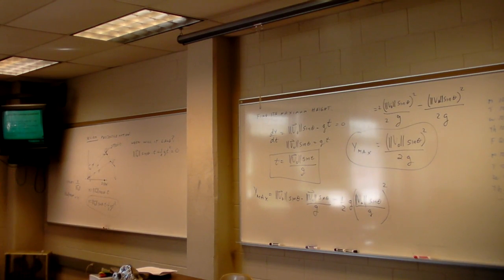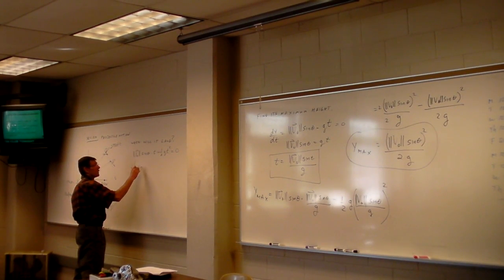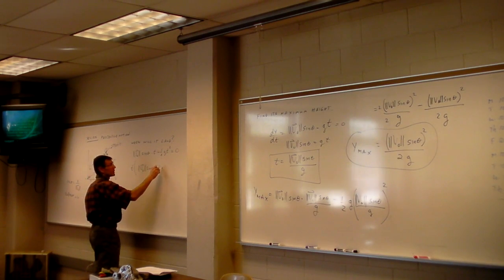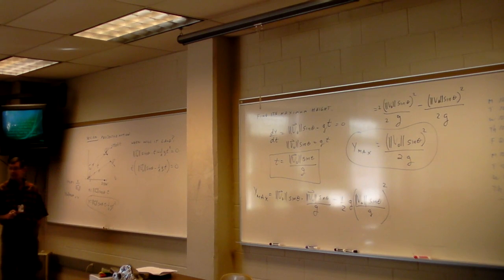How do we solve that? Solving for t, the first thing you do is factor out a t, because there's two t's in there. So now you only get that equation.